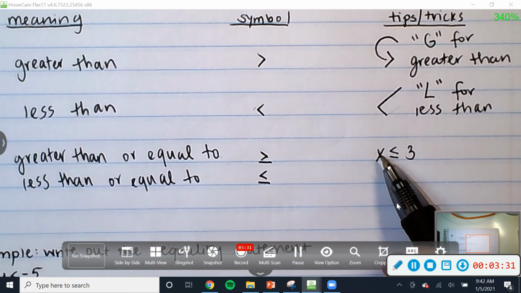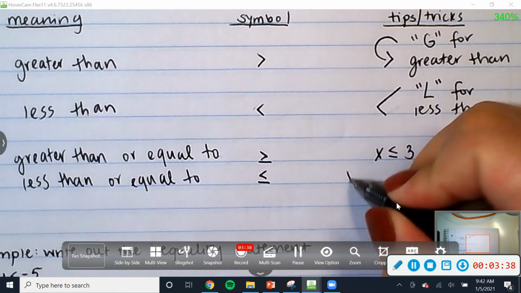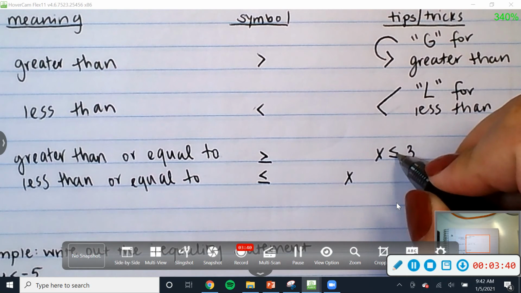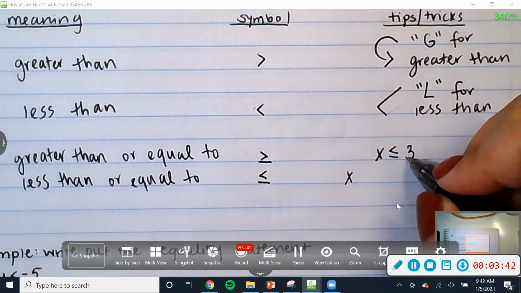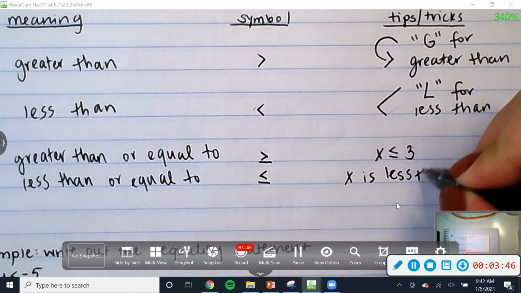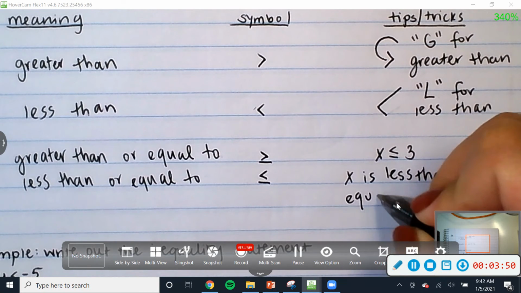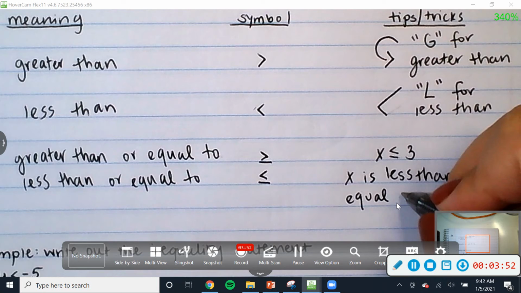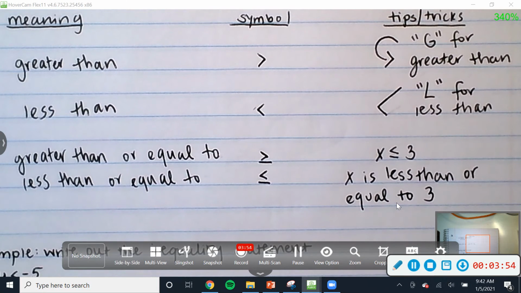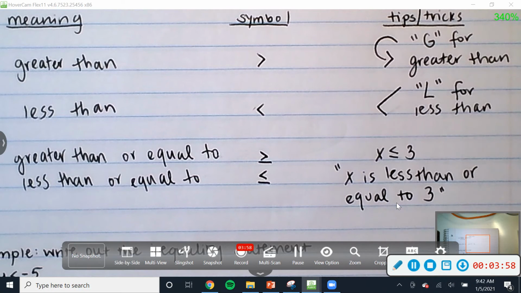But it could also mean that x is equal to 3. So x can also be equal to 3. So x is less than 3 or equal to 3. So x is less than or equal to positive 3 is how we would read this statement right here.